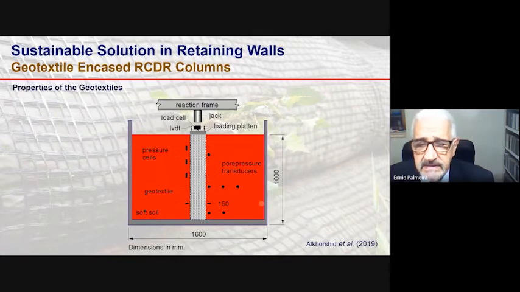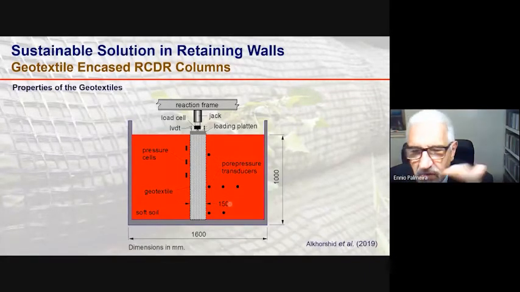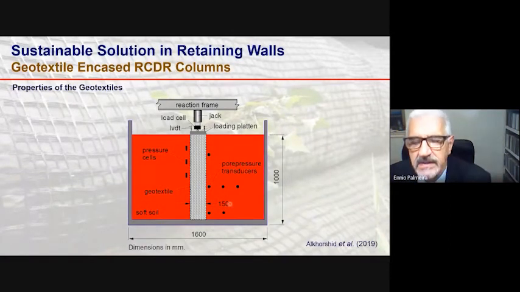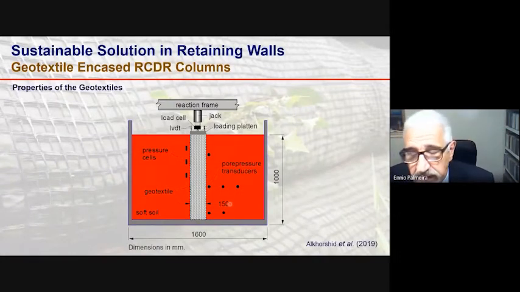And despite the size of the equipment, this is actually a model test. So the diameter of the column was 150 millimeters, which would give a geometric scale factor between 4 to 6, depending on the diameter of the prototype column considered.